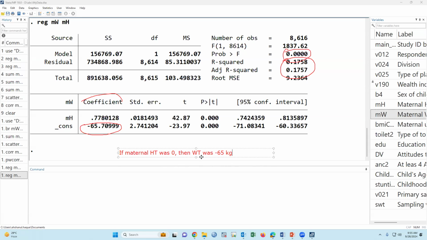Is it possible? It's not possible, but this is the definition. Since maternal height doesn't equal 0, we cannot interpret this value.